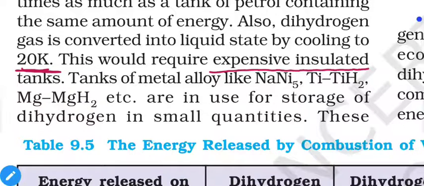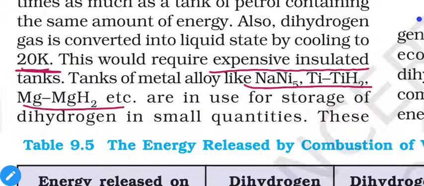In case of storage, we can use some of the alloys as mentioned here. These metals can store hydrogen in small quantity, because hydrogen occupies comparatively very high volume. Because as we know, any gas at STP occupies 22.4 liters, and hydrogen has smallest molecular mass, 2 grams.